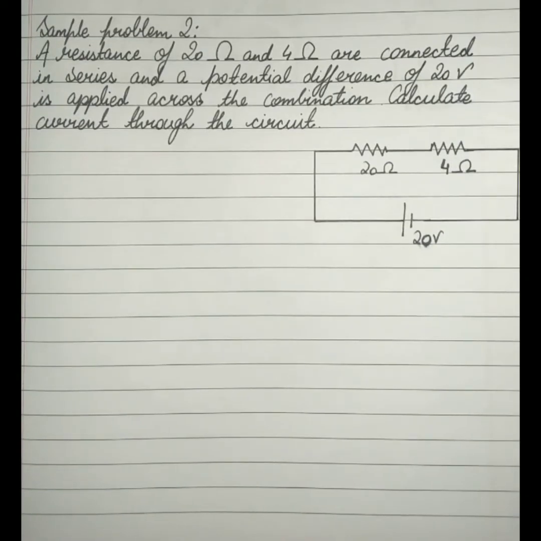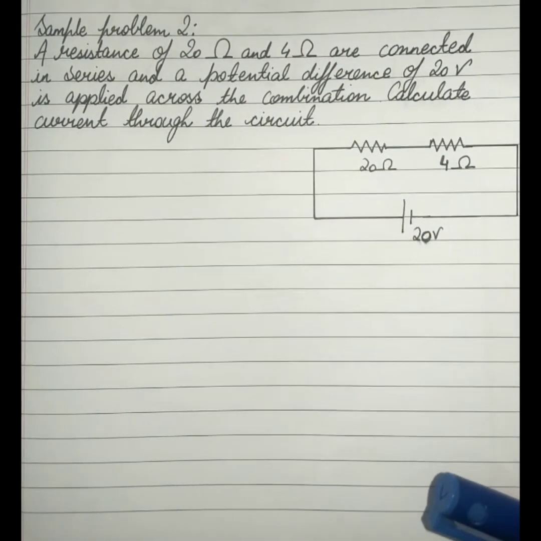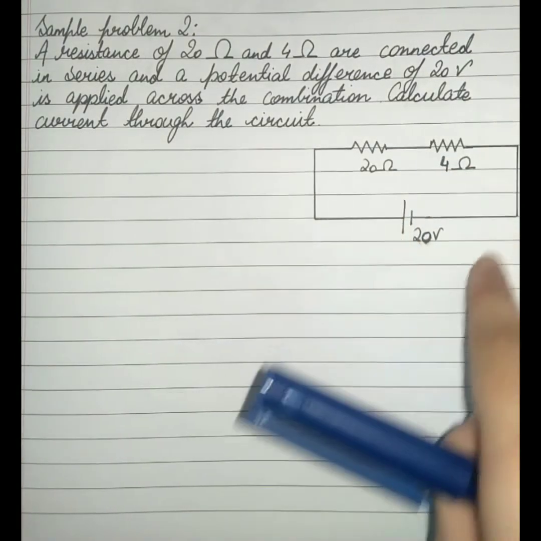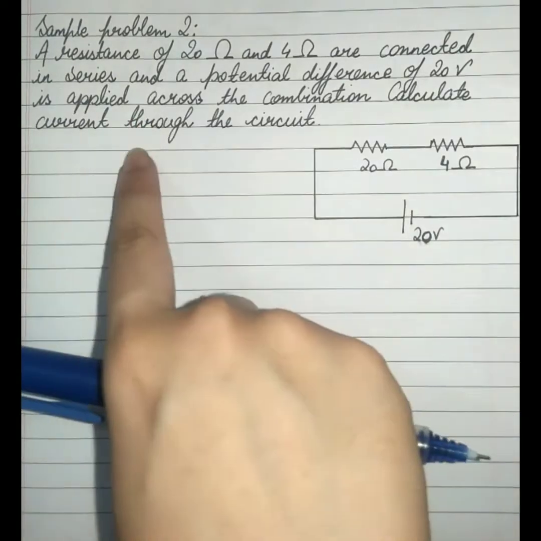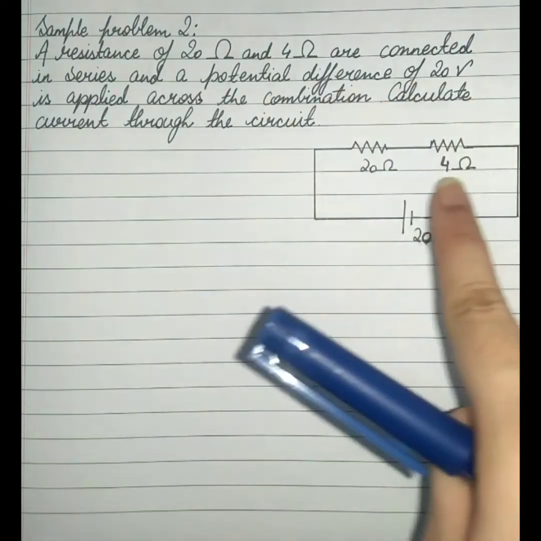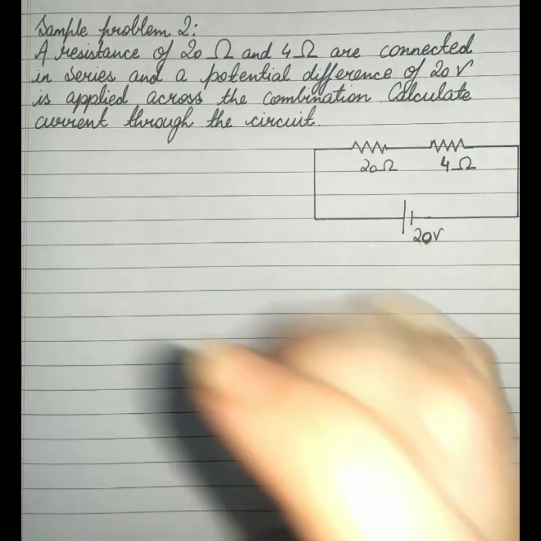So students, our next sample problem is regarding this circuit. In this circuit, we are given two resistances of 20 ohm and 4 ohm, and a battery of 20 volts is connected to it. We just need to calculate the current through the circuit. For calculating the current, the first step is to find the resultant resistance.